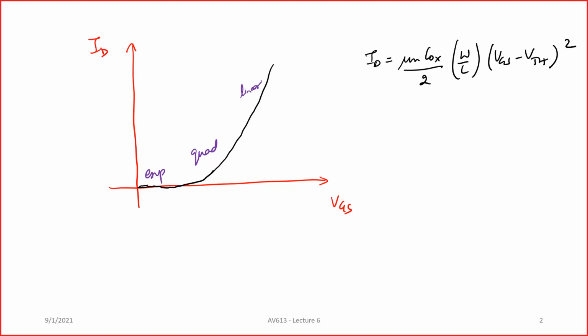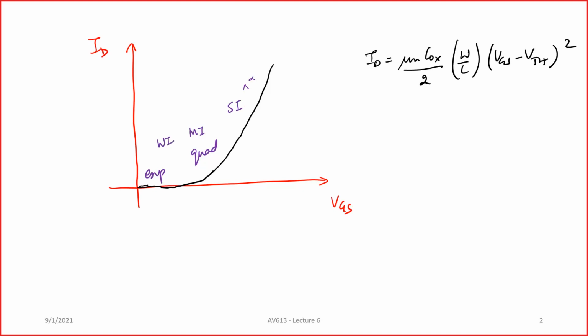It's not exactly linear, it is (VGS minus VTH) to the power of some alpha, which is closer to 1 rather than 2. So let me just say to the power of alpha. This is basically your moderate inversion region, the strong inversion region, and the weak inversion region.